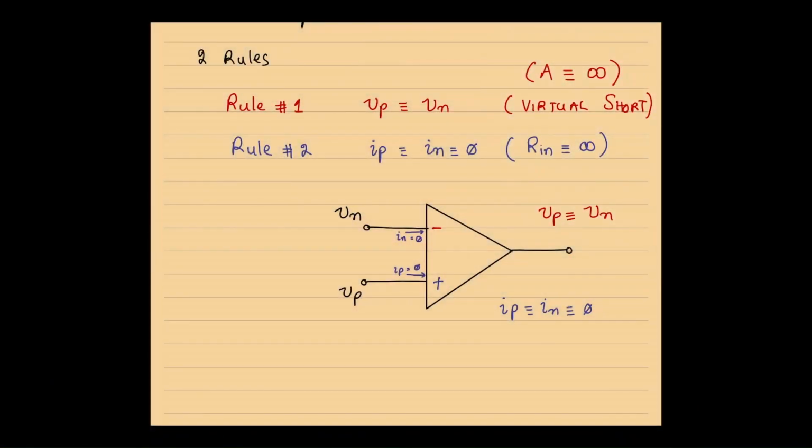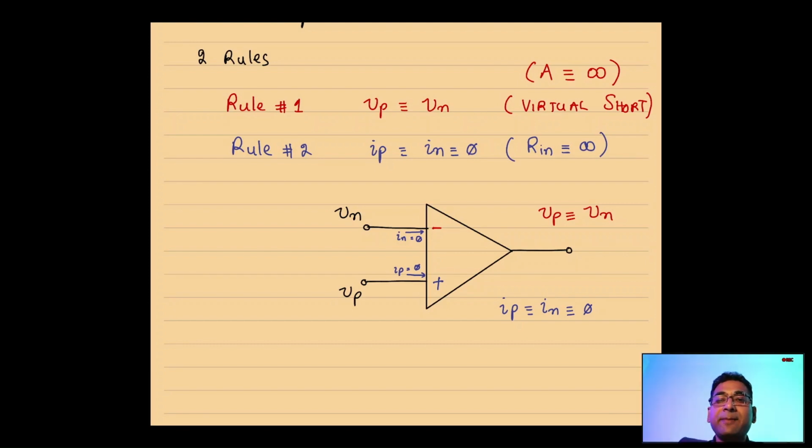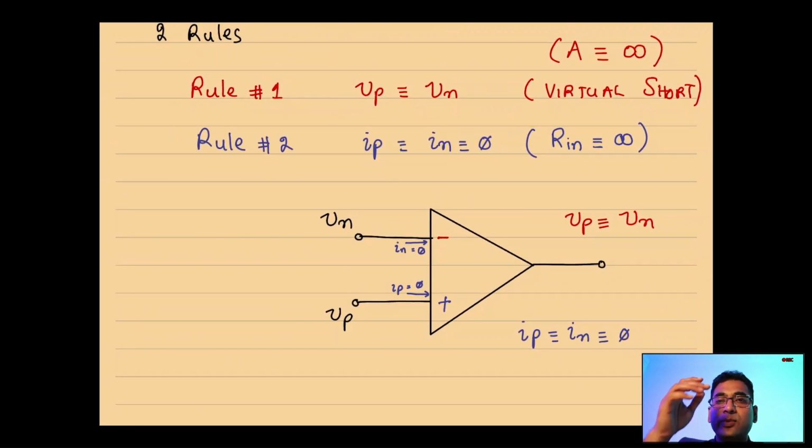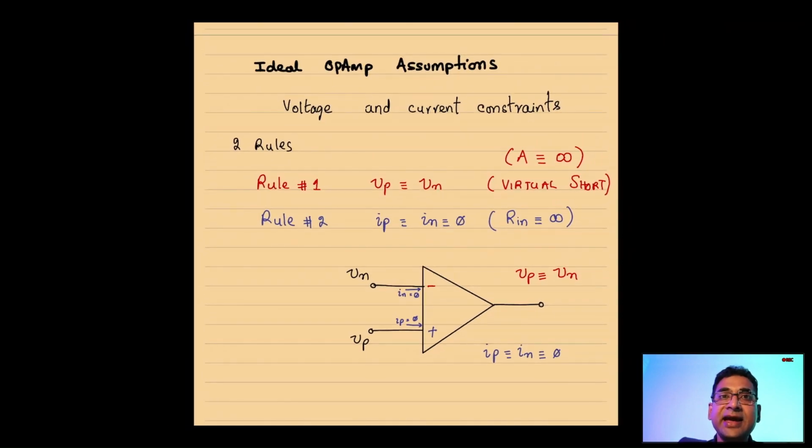Rule number 1: the positive terminal and the negative terminal of the op-amp equal each other, and they behave as if there is a short between them. The second rule is that the amount of current going into the terminals is 0. That's it. These two rules will save a lot of time and effort for you, and then you're going to enjoy the upcoming analysis of operational amplifier.